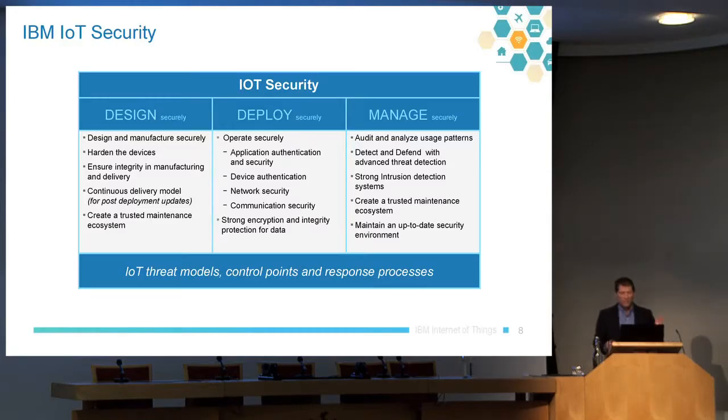Deploy securely. This is all about applying those things that we've learned for years and years about what to do and what not to do, and making sure we actually implement those things. A lot of the exploits that we heard about in the last two or three talks are things that we would have sat back and said, gosh, I could have even done that. And on the other side, you say, yeah, and I can see how the developer wouldn't have known to turn that off. It wasn't in the feature list.